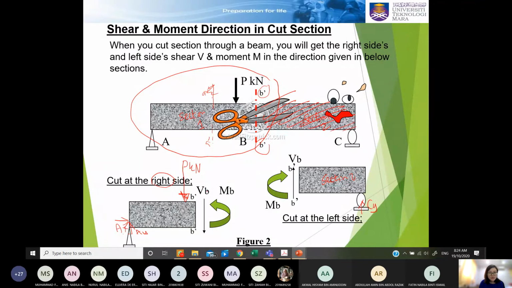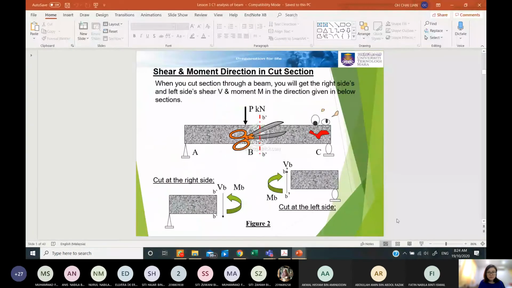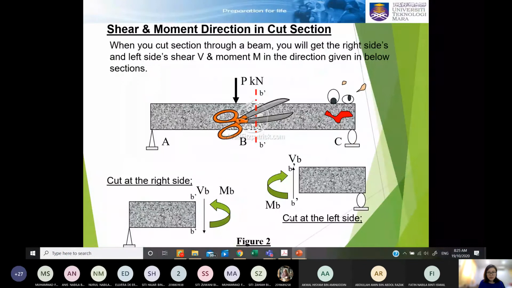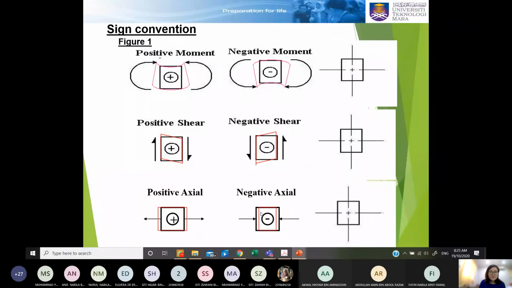Now I want to talk about this internal force. This is a bit messy, let me go back. Talking about this internal force, we need to use this positive sign. This will be the positive sign, and this positive shear, and this positive axial.